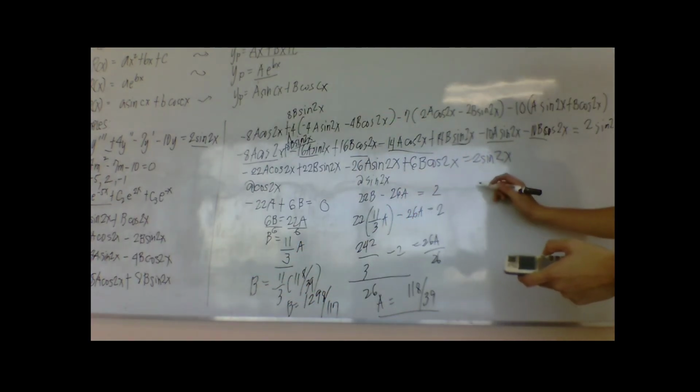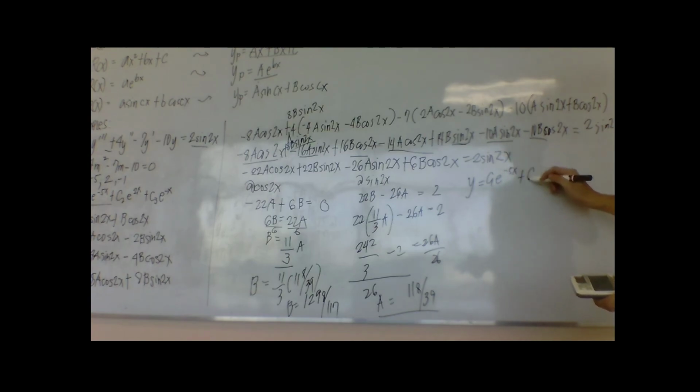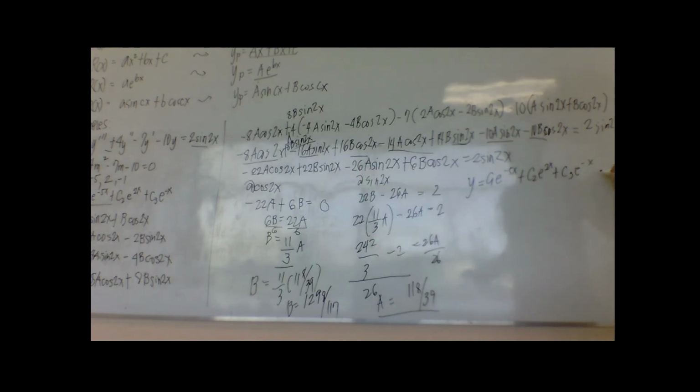Okay, so therefore you have our solution as y is equal to c1 e to the negative 5x plus c2 e raised to 2x plus c3 e raised to negative x, plus 118 over 39 sine 2x plus 1,298 over 117 cosine 2x, and that is our final answer.